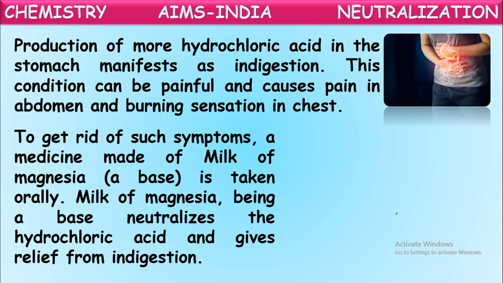So, as there is excess acid, if you reduce that amount of acid, we feel relief. To reduce that acid, we should take certain bases which cause no harm to us. Such bases include magnesium hydroxide, which is called milk of magnesia.